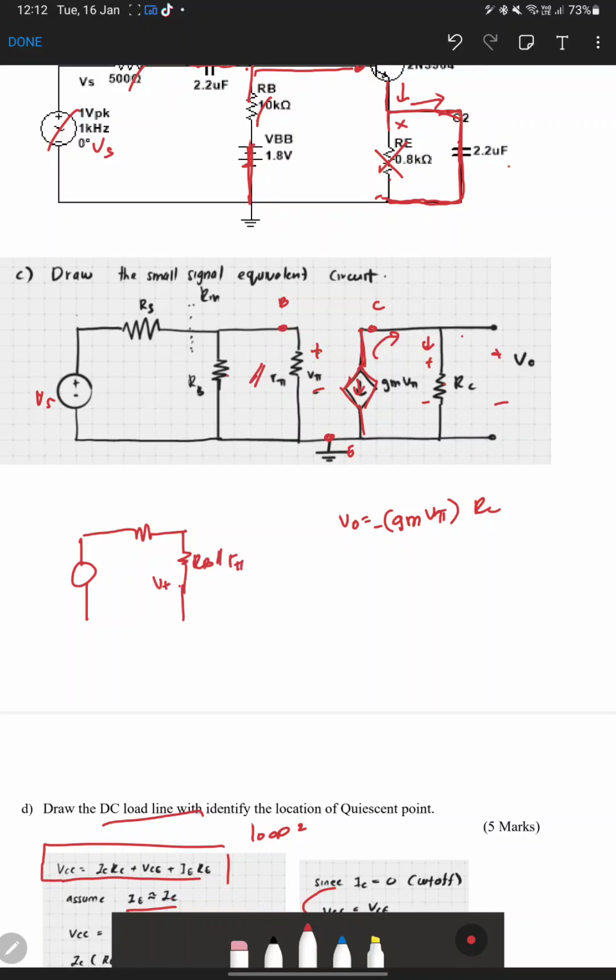So the voltage here is V pi. Okay. So we can give any name. Maybe mine is R in.